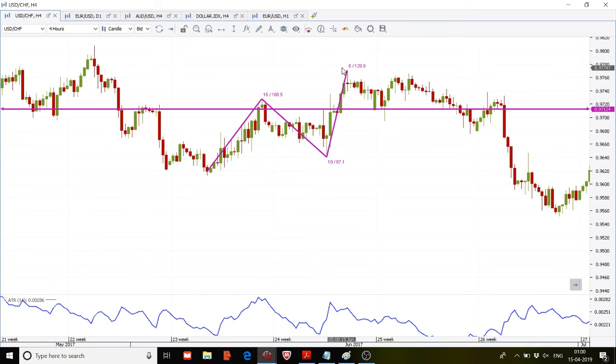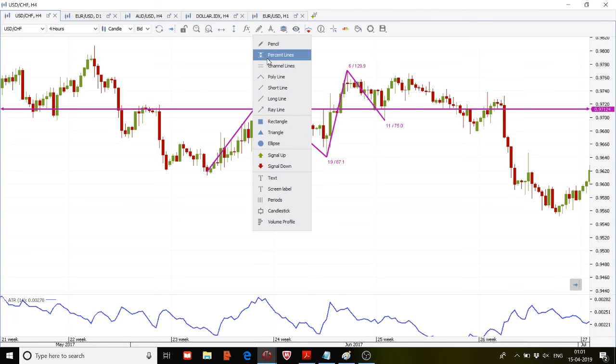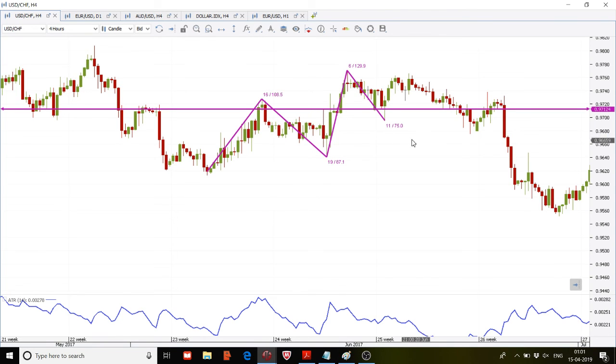Then again the highest point and then the lowest point, wave 4. Then the highest point, lowest point and highest point, wave 5.